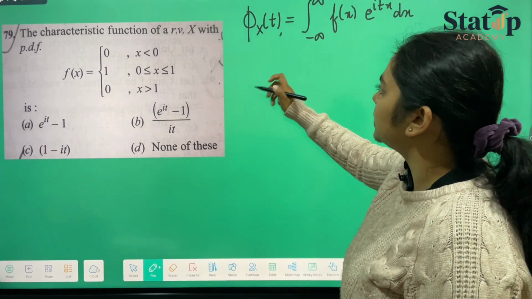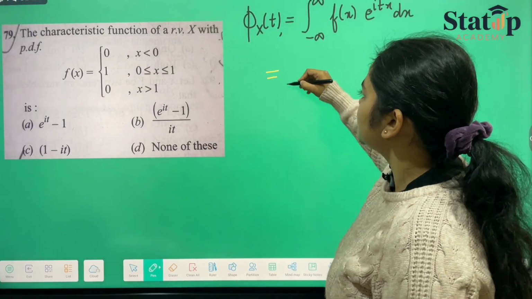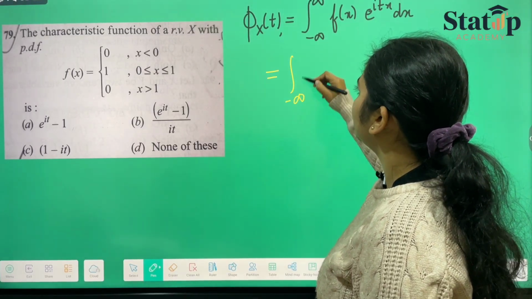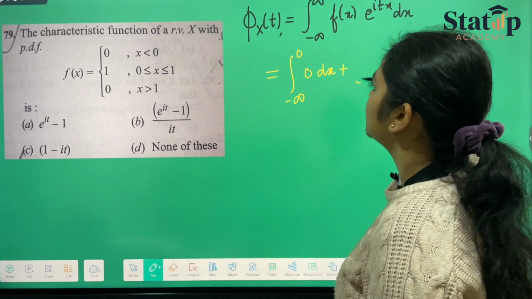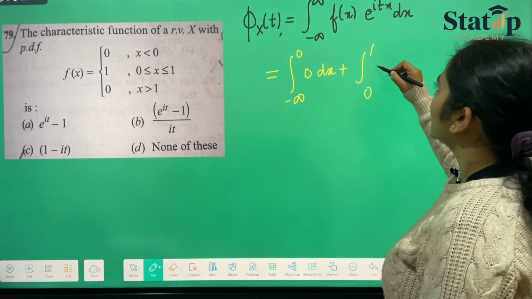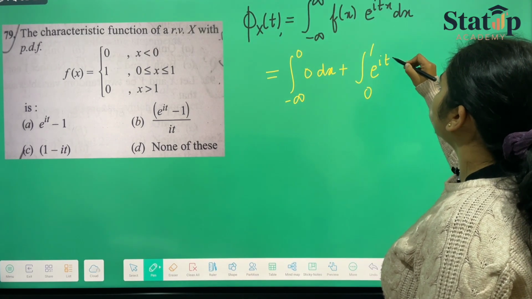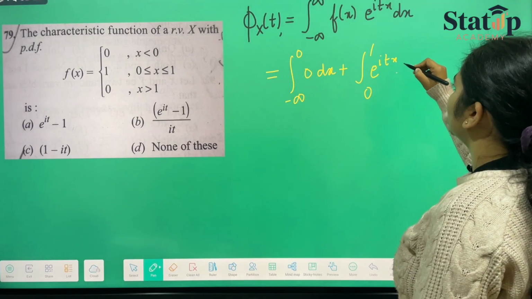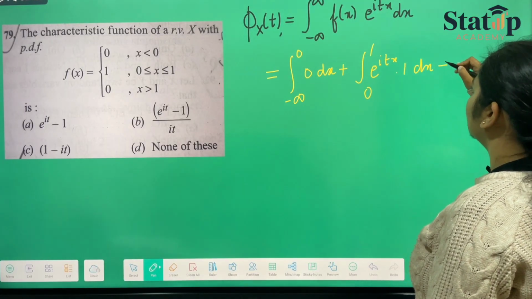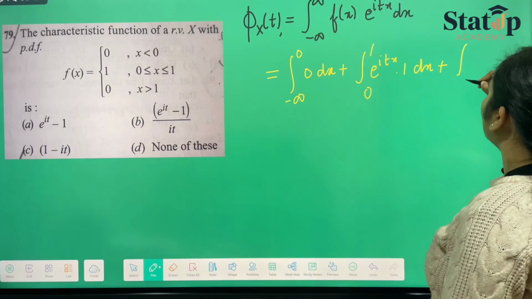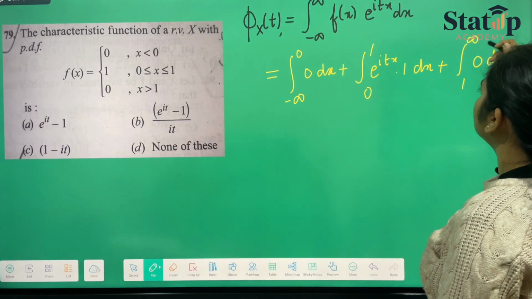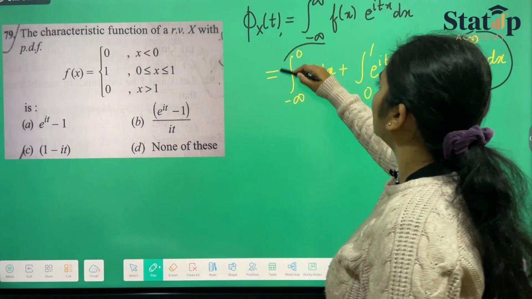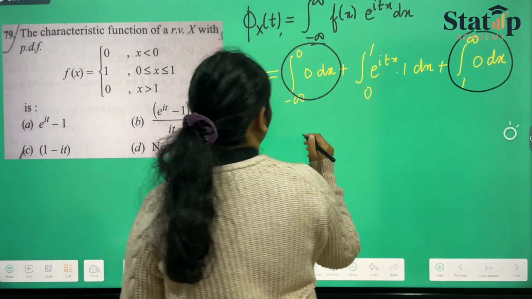Now if we consider this, then the first is from minus infinity to 0, 0 dx, plus 0 to 1 e raised to the power itx, f(x) is 1, so it will be multiplied by 1 dx. And the last one is from 1 to infinity, 0 dx. So the first and the last term will be 0, and we have to calculate for this only.